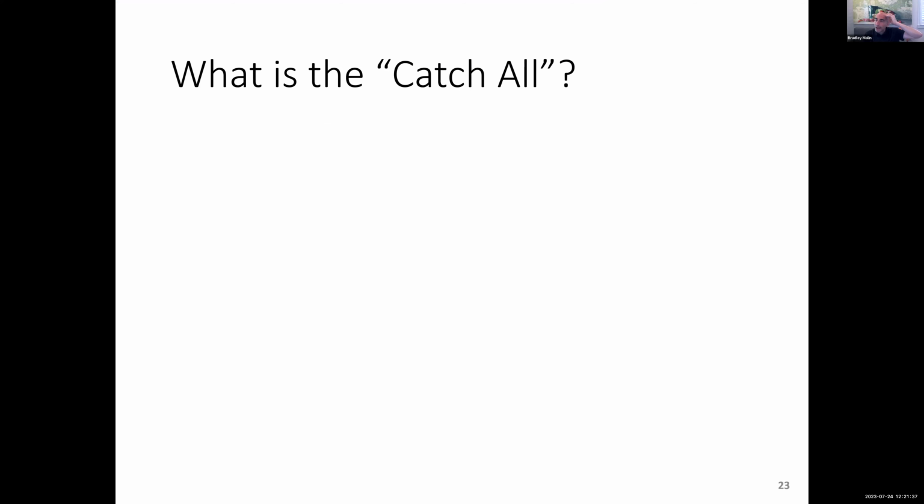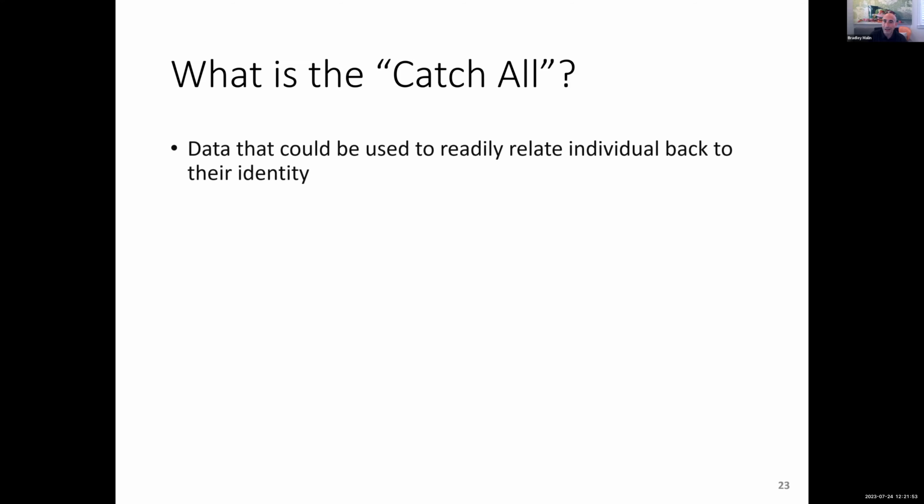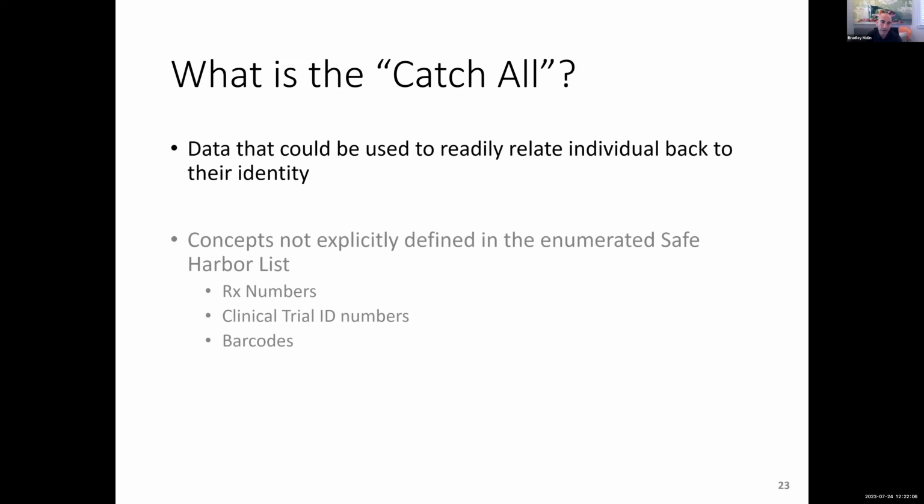There's a question that always comes up about how you relate to what goes on in HIPAA, because there's this question about what can possibly be used as a quasi-identifier, and this question about what's a catch-all. We worked under the premise that we were interested in data that could readily relate back to an individual, their identity, and this is a bit of an educated guess in that regard, right?